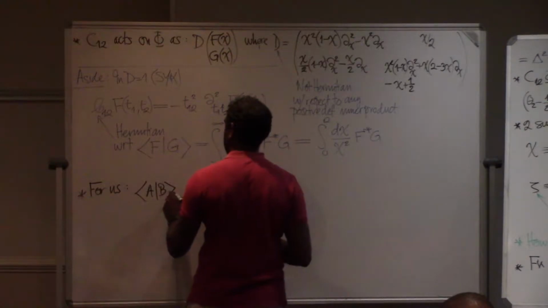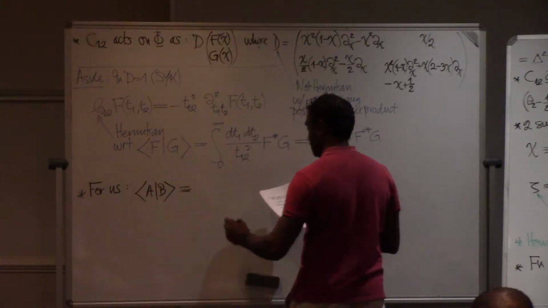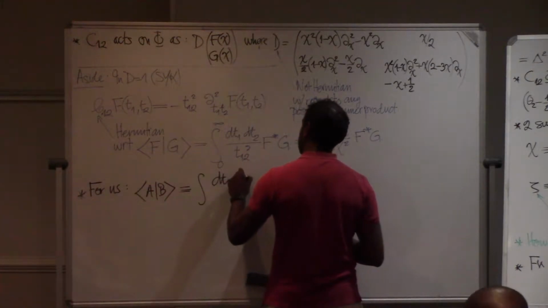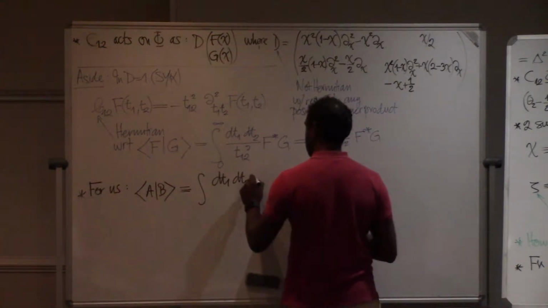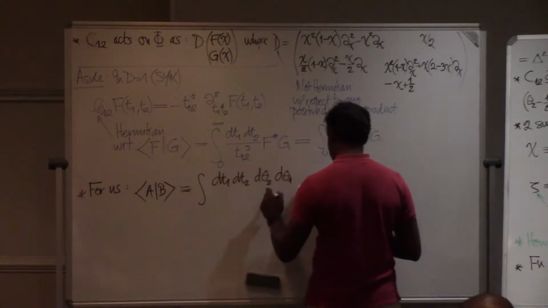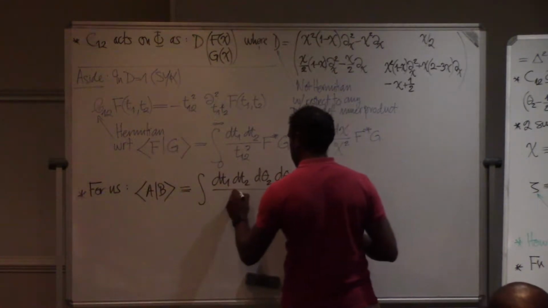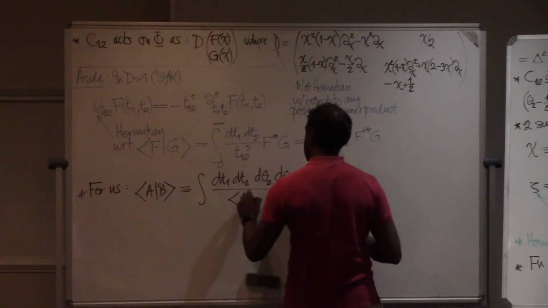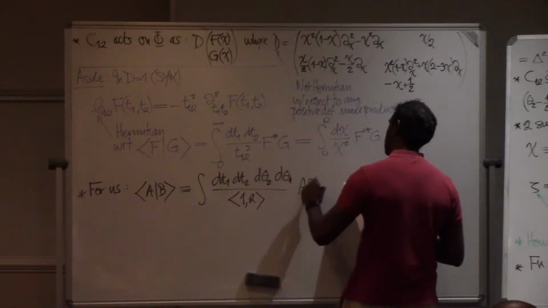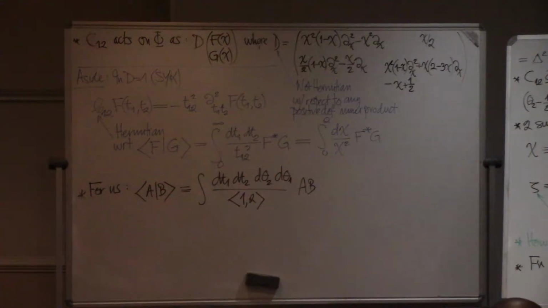we'll take A inner product B to be the integral now taken over T1, T2, theta 2, theta 1 divided by T_12, AB. So there's a couple of things to note here.